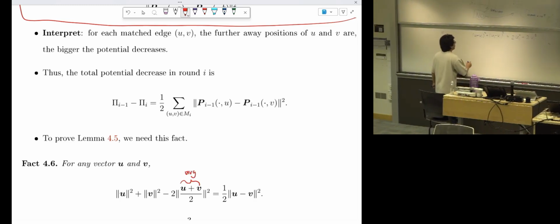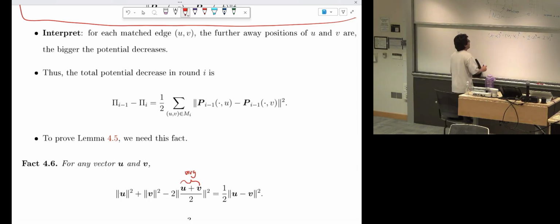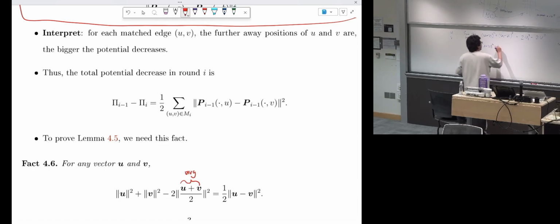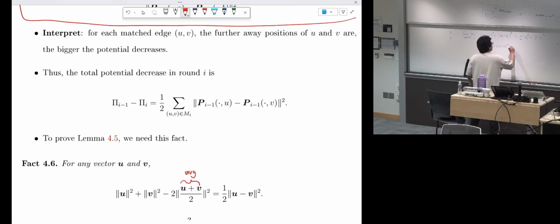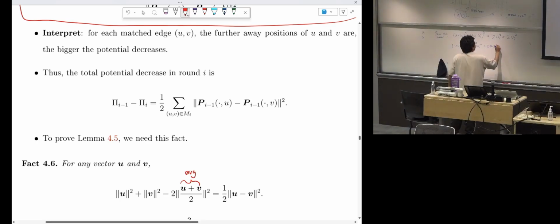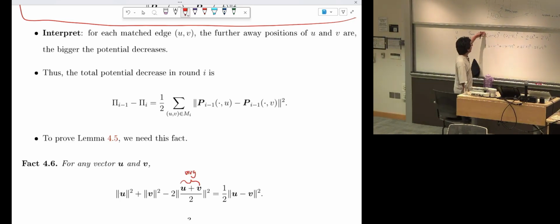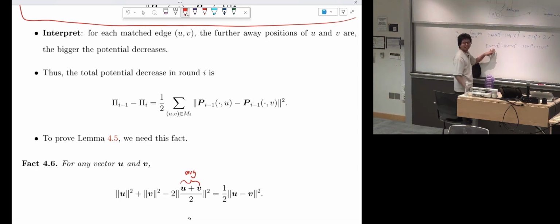So if I sum this over all coordinates i, what we get is exactly the squared norms of u and v.